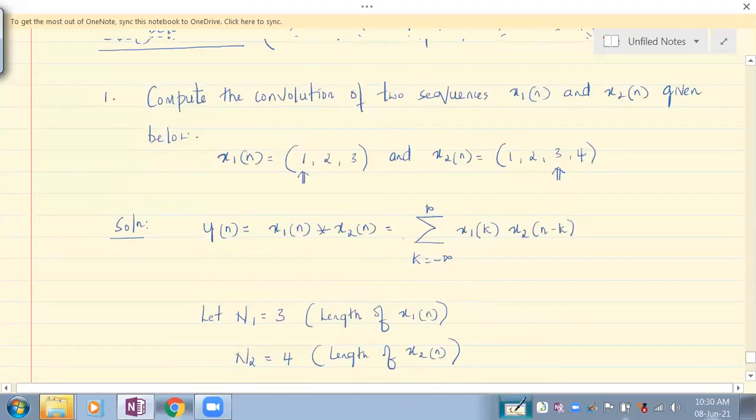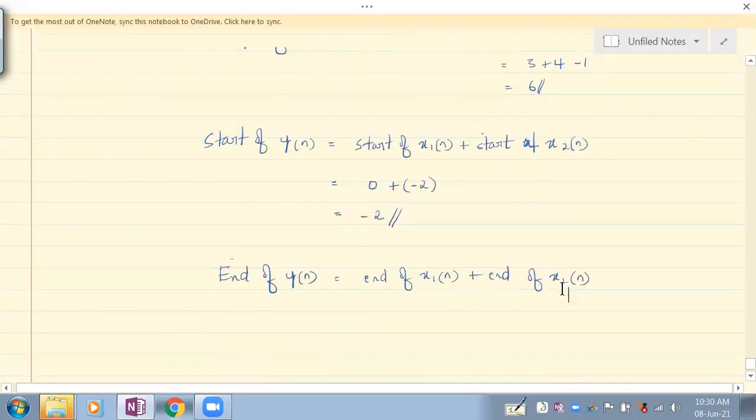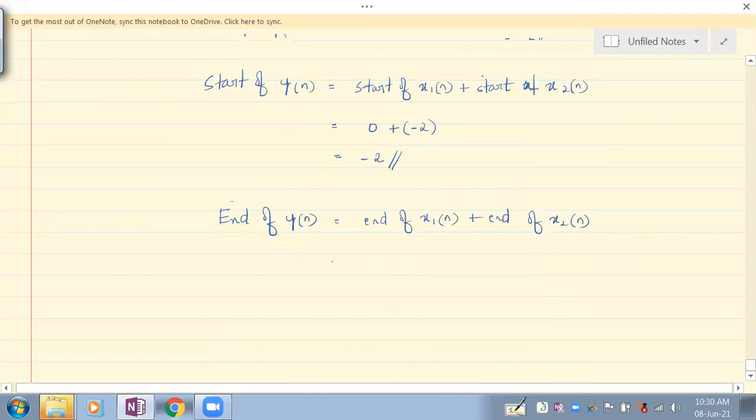It is 0, 1, 2, so it is ending at n equal to 2. The other is ending at n equal to 1. Therefore, the end of x1 of n is 2 and the end of x2 of n is 1. So y of n will end at 3.